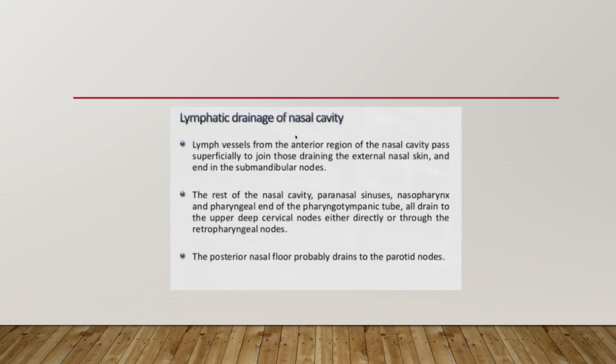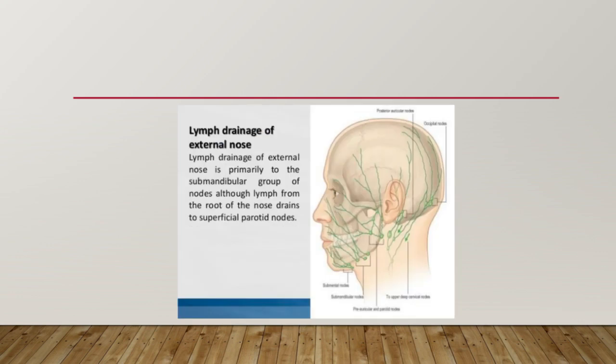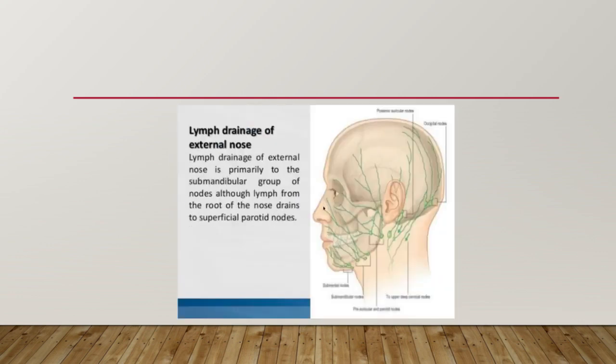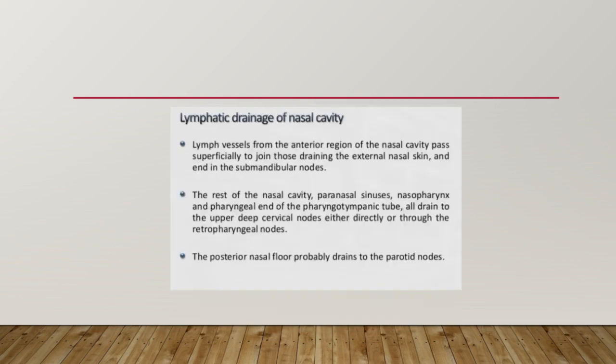Coming to the internal part, the nasal cavity. The lymph vessels from the anterior region of the nasal cavity drain along the external nasal drainage into the submandibular group of lymph nodes. So, the anterior part of the nasal cavity drains along the same superficial external drainage of the nose into the submandibular group of lymph nodes.